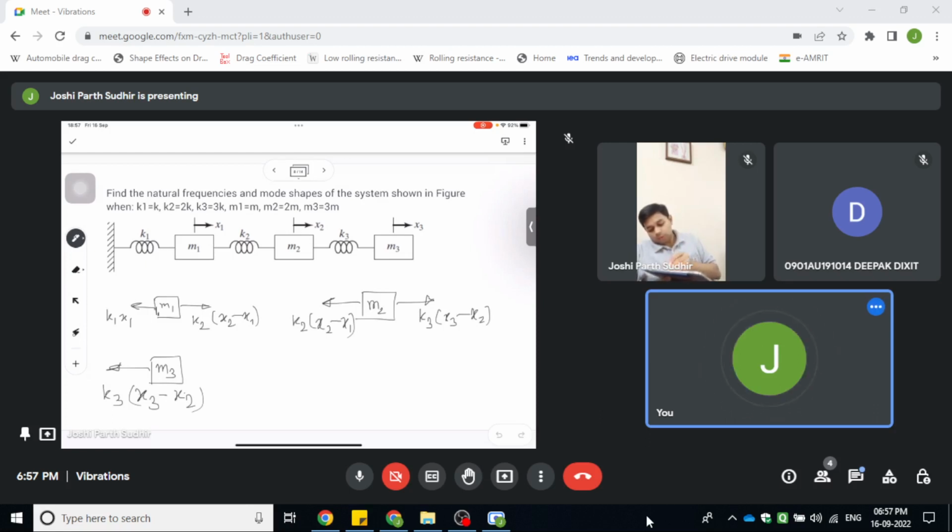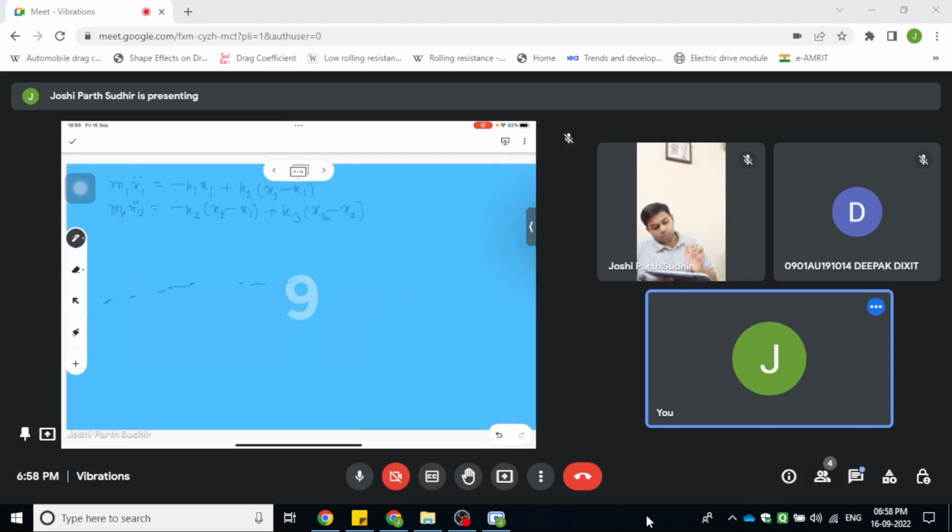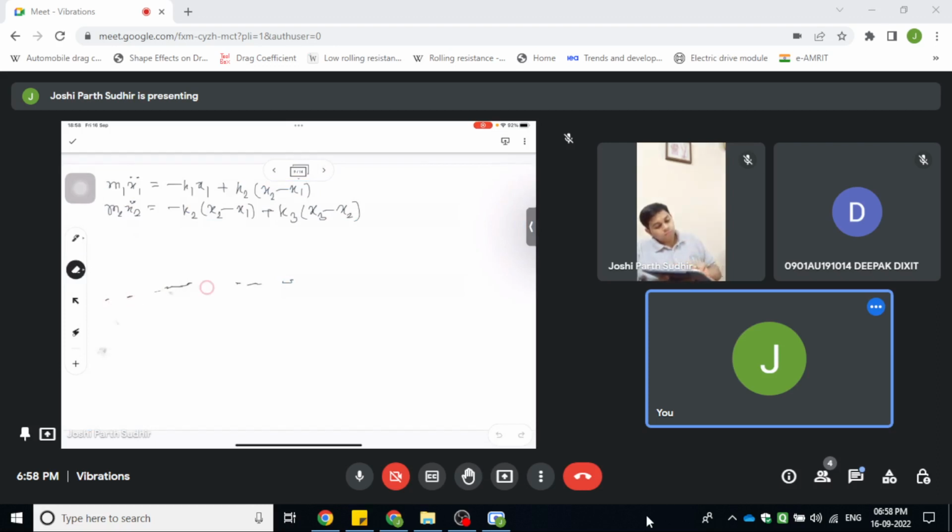So our coordinate system and sign convention are like this. So these are the three equations of motion for this system.